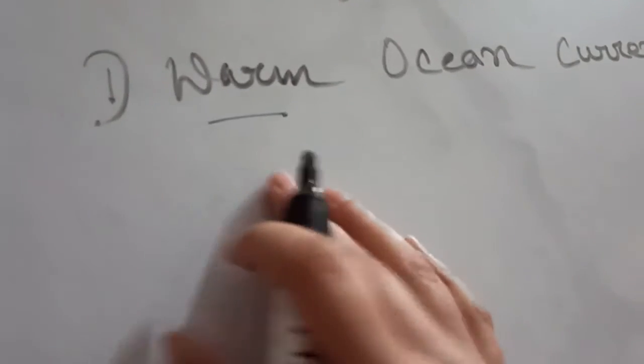So these warm ocean currents generally originate in the tropical region. Why tropical region? Because the tropical region gets the vertical rays of the sun the maximum time.